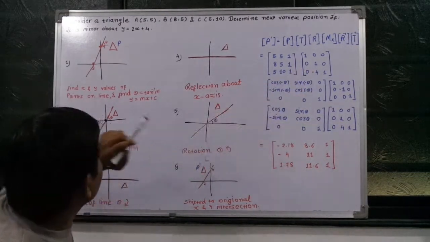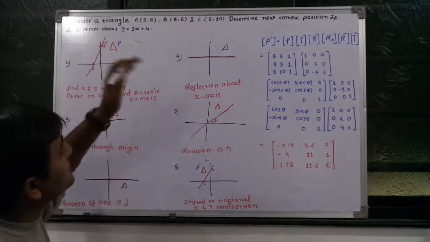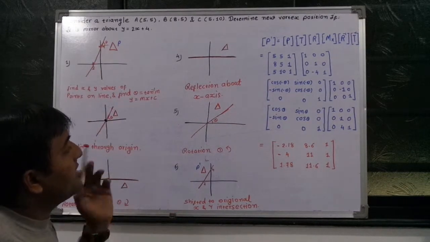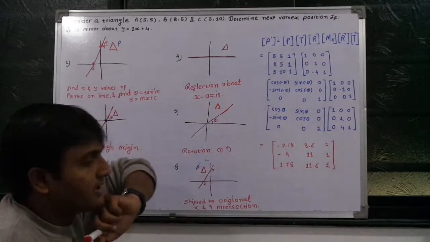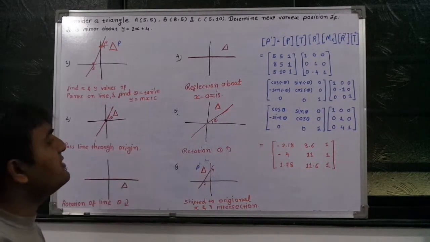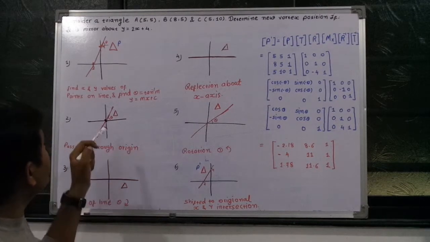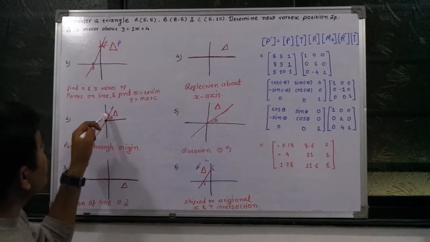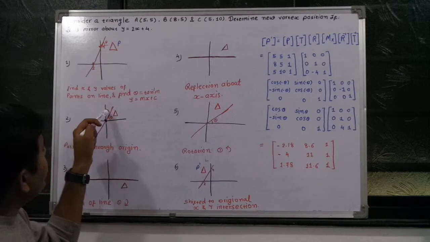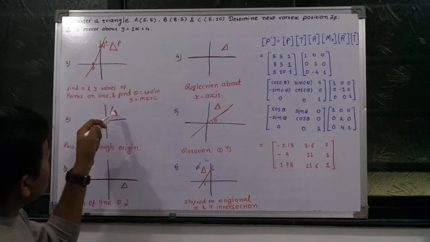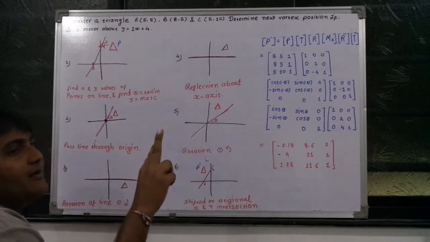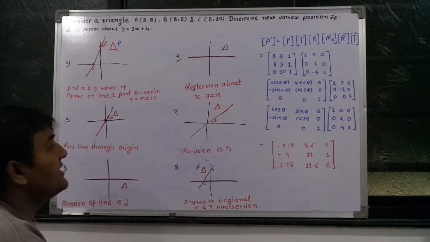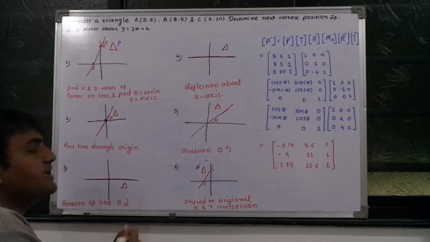From minus 2 to 0 means a positive 2 shift in the x direction, and here it is minus 2, 0 again. Also, you can take this theta angle and rotate the line to be parallel to y, then take the reflection about the y axis, and then shift the line back. That can also be done.